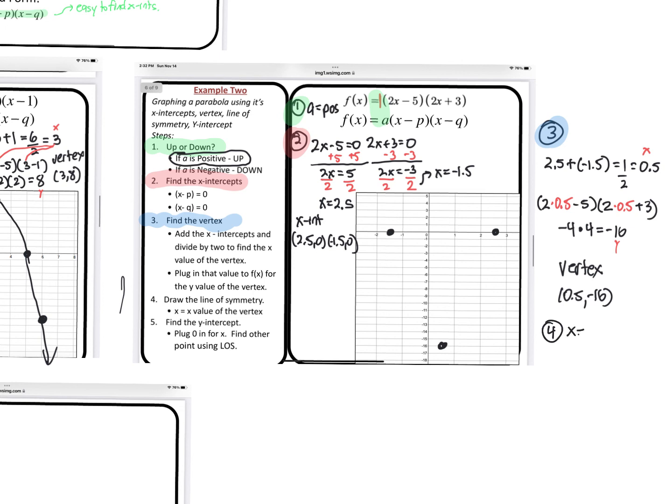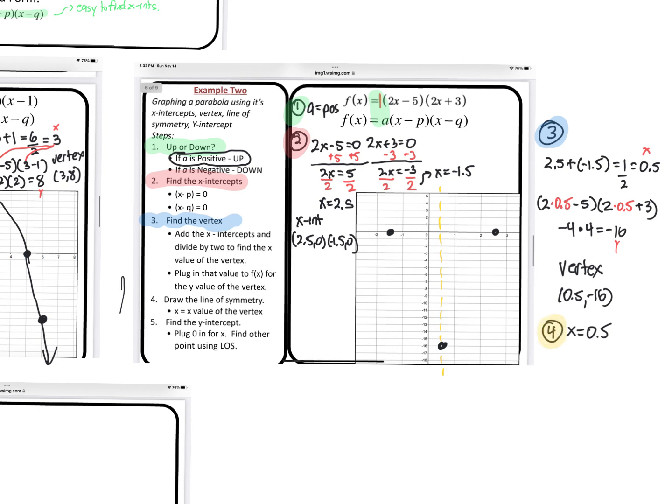We're just going to use the x value of the vertex, which we got right there. Okay, and from here, I do that. And now I am going to find the y-intercept such that I can go ahead and from there find another point and then reflect it on over. So we are almost finished with this example, okay?